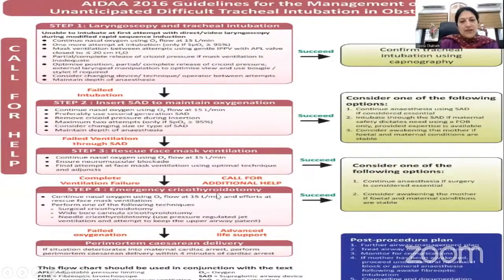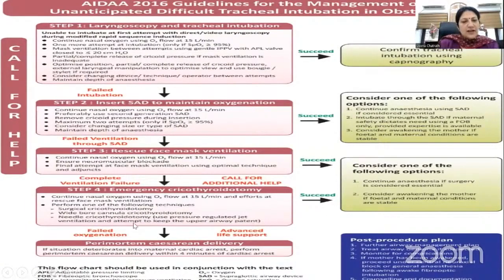Then we have to proceed to emergency cricothyroidotomy. If we succeed in emergency cricothyroidotomy, we have to give jet ventilation through the cricothyroidotomy. And if the cesarean section is not an emergency, we have to consider awakening the mother and planning for the intubation in the next sitting.